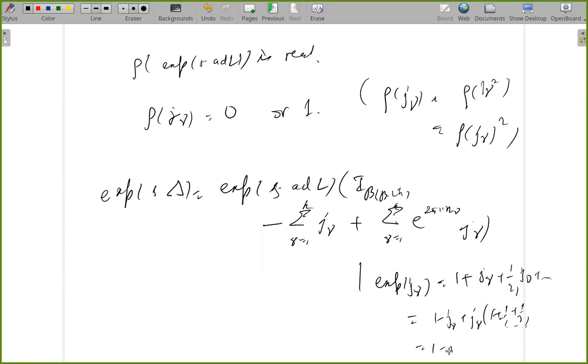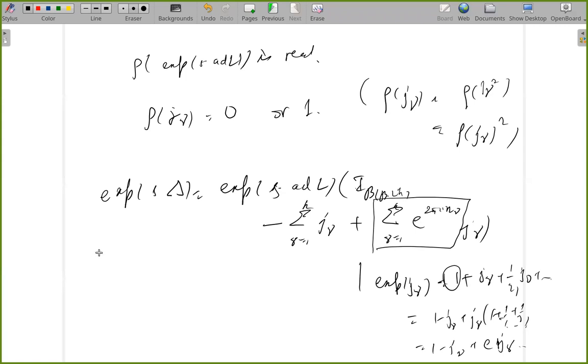So I get 1 minus J nu plus e times J nu. This is the computation I have to do, because this is not a J nu, it's a 1, so I have to move things around a little bit. It's a very similar computation to that. So you get the identity here, a lot of ones. That's the identity operator. Then you have a summation of J nu from this part. And the rest of it will be the summation over nu equals 1 to k, because I just took it without the 2 pi i n term. Otherwise, I would have to include that here. So you'll get e to the 2 pi i n nu. Okay, I hope you believe that.